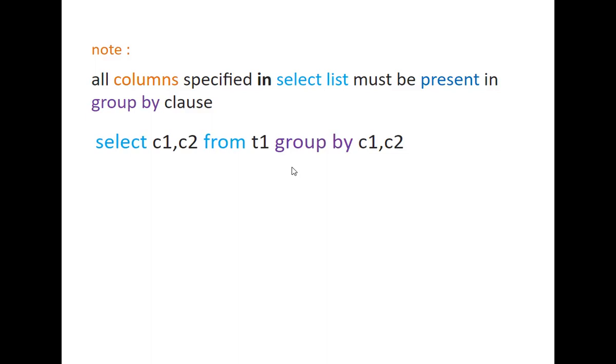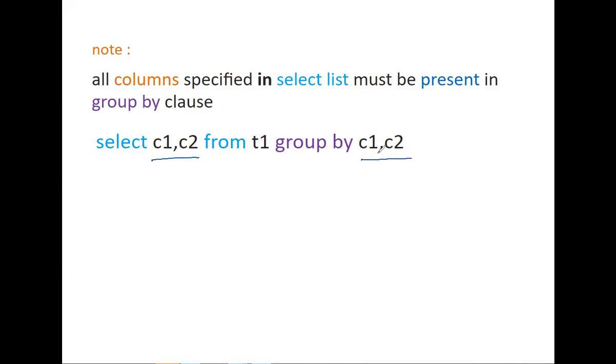See, for example, consider C1, C2, C3 are the columns present in a table. So select C1, C2 from our table name T1, group by C1, C2. Here you check in the select list, how many columns are there? 2 columns, C1 and C2. Are C1 and C2 present in the group by list?